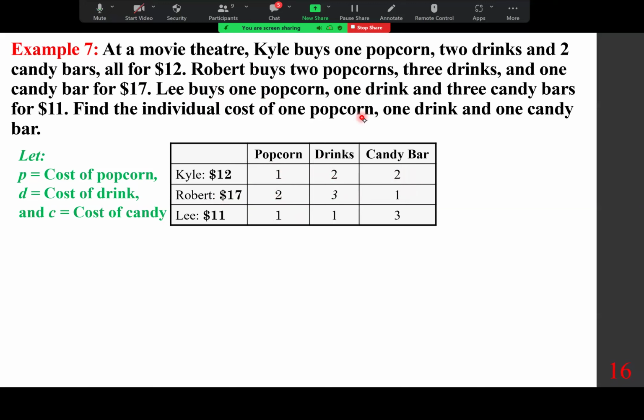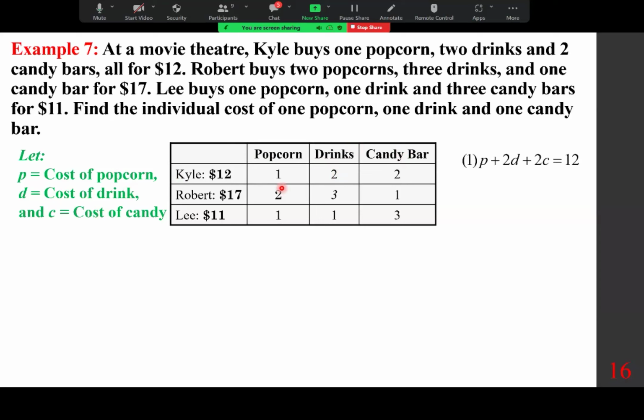Now let's make up the equations. Each one gives us 1 equation. If you look at Kyle, remember, P represents the cost of popcorn. So 1 times P, 2 times D, 2 times C, and that becomes 12.